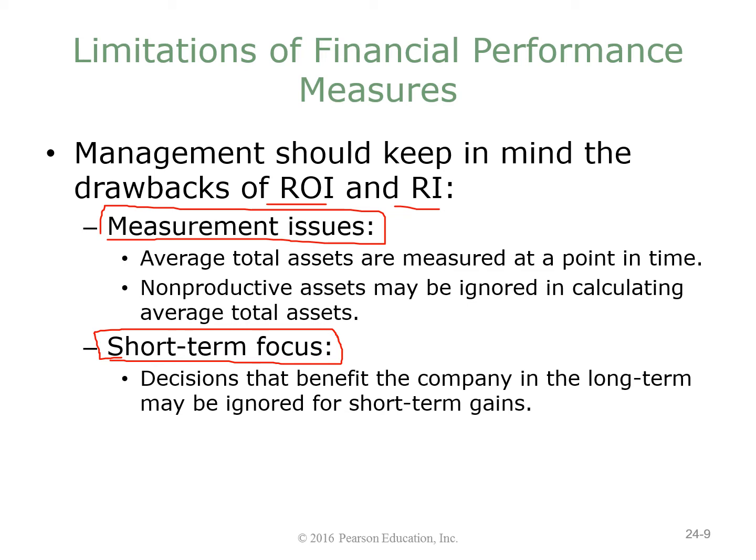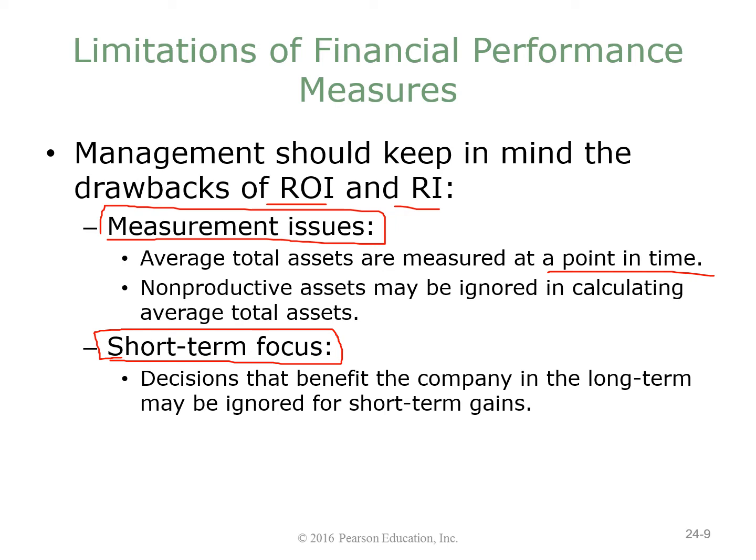We are using the average total assets, and it is measured at a specific point in time, because the balance sheet shows the balances at a specific point. So here we take an average in order to smooth the numbers, to reflect an average of the total assets during the year. If you have more information and can get, for example, an average for the 12 months, this will be better because the numbers will be more realistic.